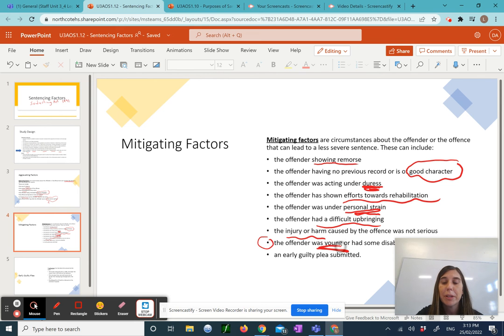Okay, for most people under the age of 18, the approach is we need to rehabilitate you. Okay, so there's that expectation that you might be young or you have a disability and we're able to rehabilitate you. And lastly, have you tried to help? Have you been honest and decided to plead guilty early? These can all be factors that will help reduce your sentencing.